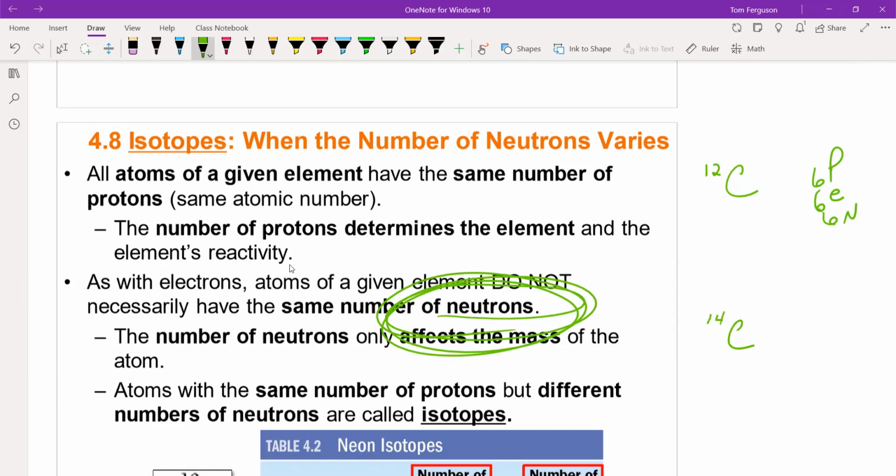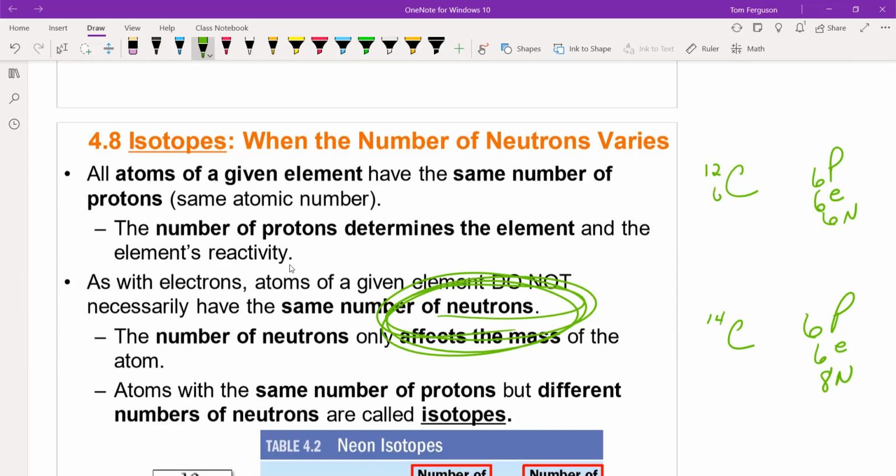Carbon 14 has got 6 protons again, because that's what determines carbon from anything else, 6 protons. Neutral carbon has got 6 electrons, but it has 8 neutrons. Now, the way we're going to write these is on the left side of the symbol.